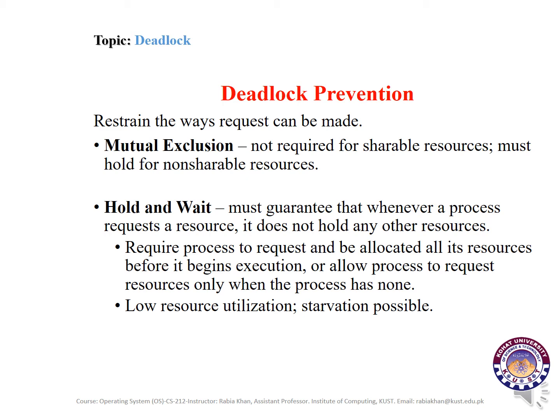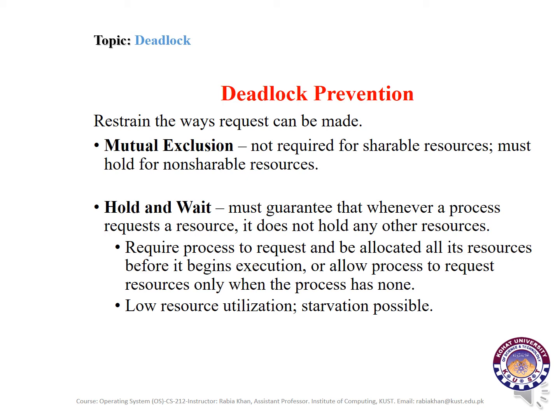First, either the process requests all its required resources before it starts execution, and if all the requested resources are available, they should be assigned to it. The second option is that the operating system can allow a process to request a resource only when it is not holding any other resource.